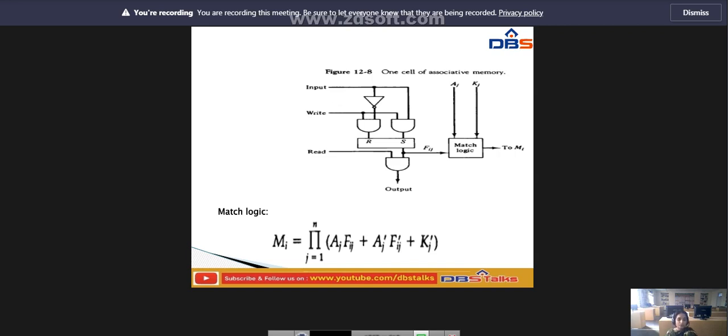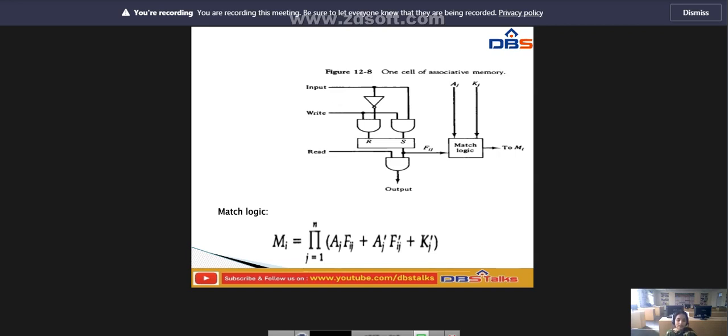The equality of two bits can be expressed logically by the Boolean function xj = aj Fij + aj' Fij', where xj is equal to 1 if the pair of bits in position j are equal, and 0 otherwise. For a word i to be equal to the argument in A, we must have all xj variables equal to 1.